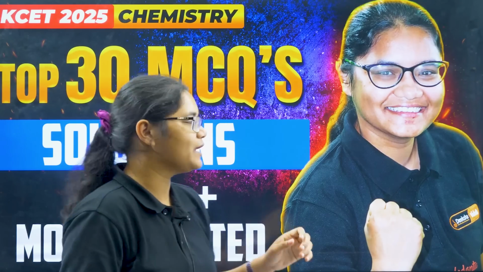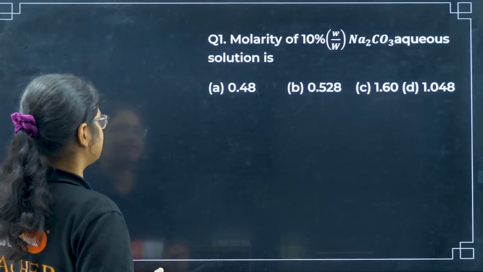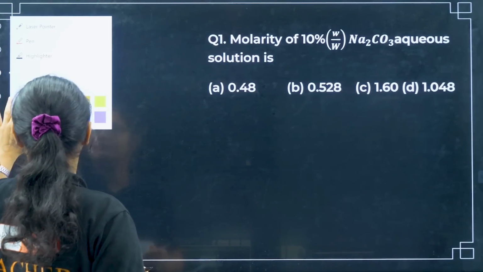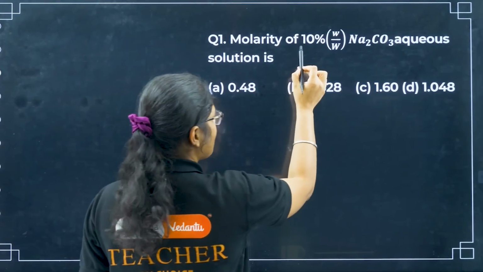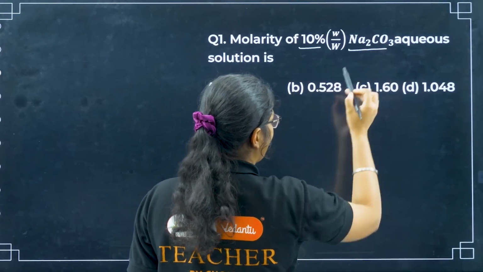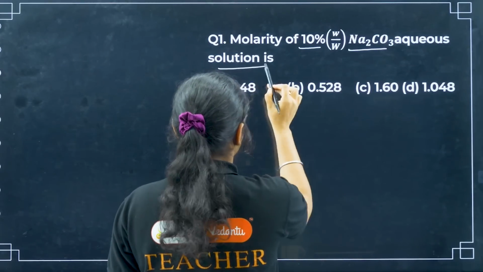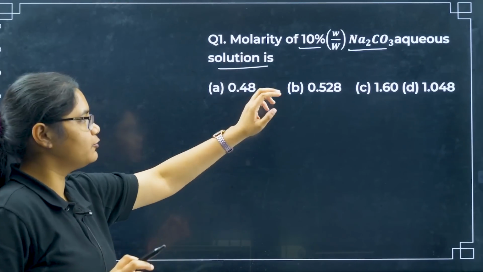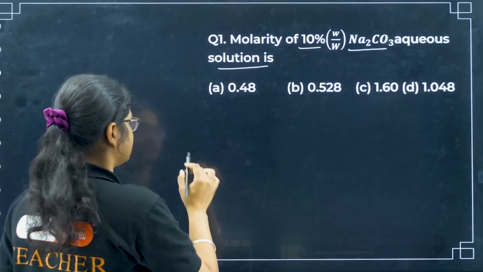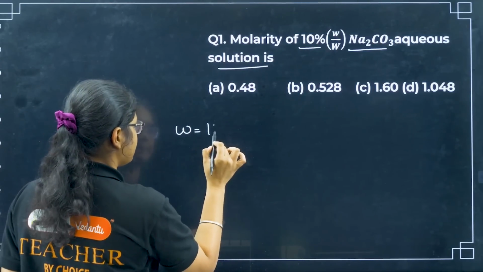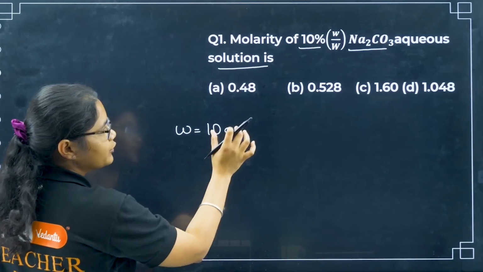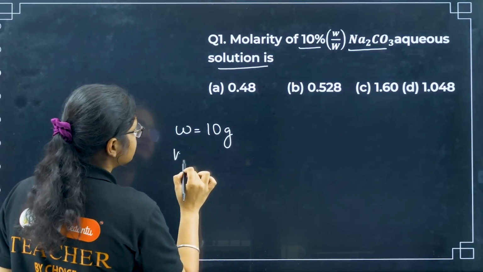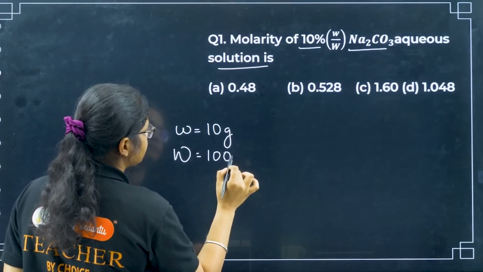I have brought you a mix of all the types of questions from this chapter. Let's get started with the first question, which is very simple, from your concentration terms. Molarity of a 10% W by W Na2CO3 aqueous solution is. You want to calculate molarity. W by W means 10%, so the mass of the solute is 10 gram and the mass of the solution is 100 gram.